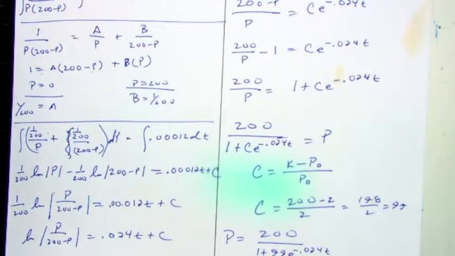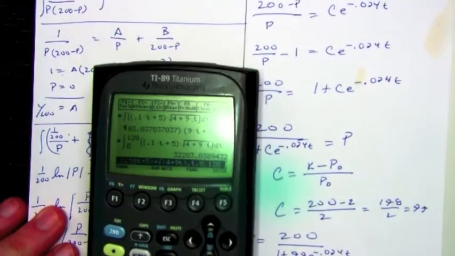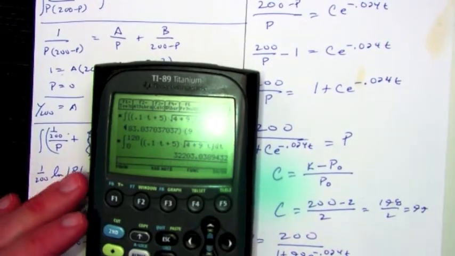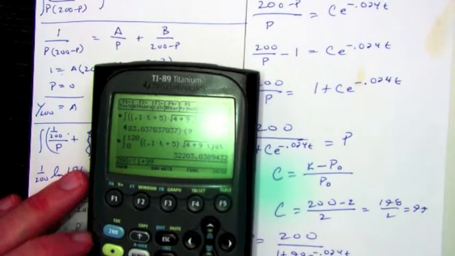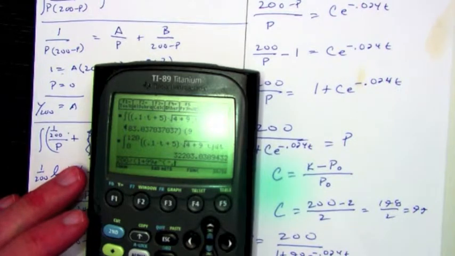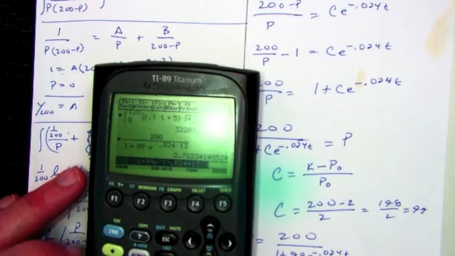And if I go ahead and compute that, I hope you can see that. Yep. I get 200 divided by 1 plus 99 e to the negative 0.024 times 13.